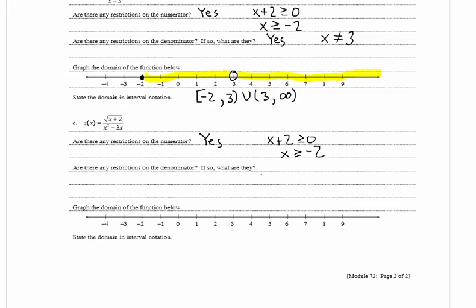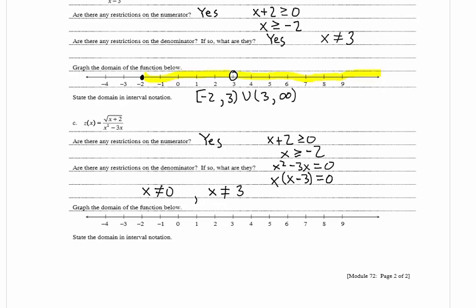If so, what are they? And in the denominator, it cannot equal 0, so we have x squared minus 3x is equal to 0. And if I factor an x out of both terms on the left side, I have x times x minus 3 is equal to 0. So x cannot equal 0, and x cannot equal 3.